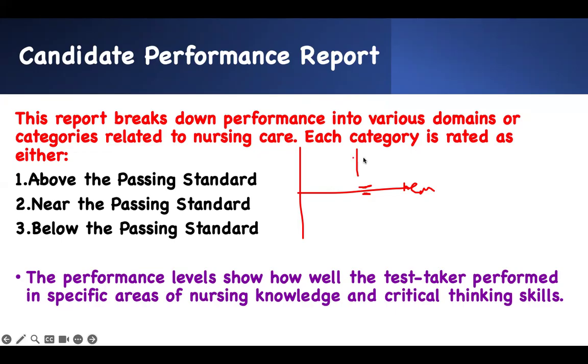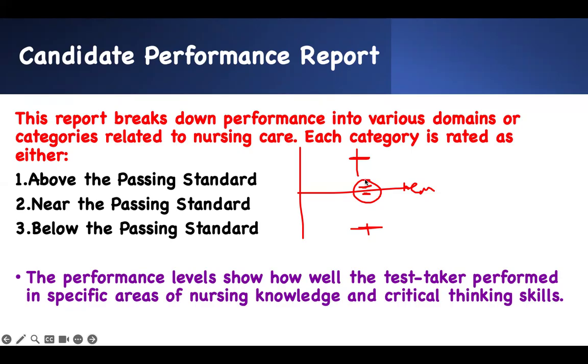Above passing, you are way above it. Below passing, you are way below it. Near passing means you are close to the mean. You can be just above the mean or below the mean, but the computer does not feel comfortable. They probably want you to be one standard deviation above the mean.